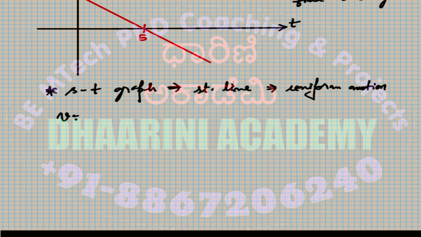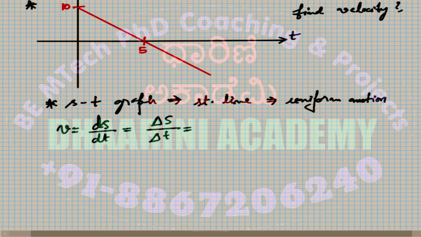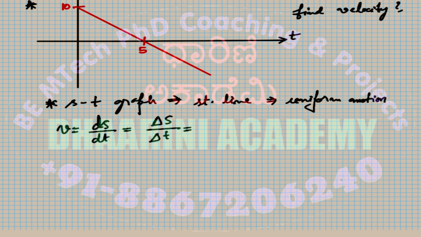Slope is nothing but change in y with respect to change in x. So let's write it this way. Velocity is nothing but, if it is a variable curve, then it has to be ds by dt. You can write ds by dt, provided it is a function of time. But as of now, I cannot relate it, so I have to write it this way. This is change in s divided by change in time. If you can find how much it changes in a given time, I can calculate that.